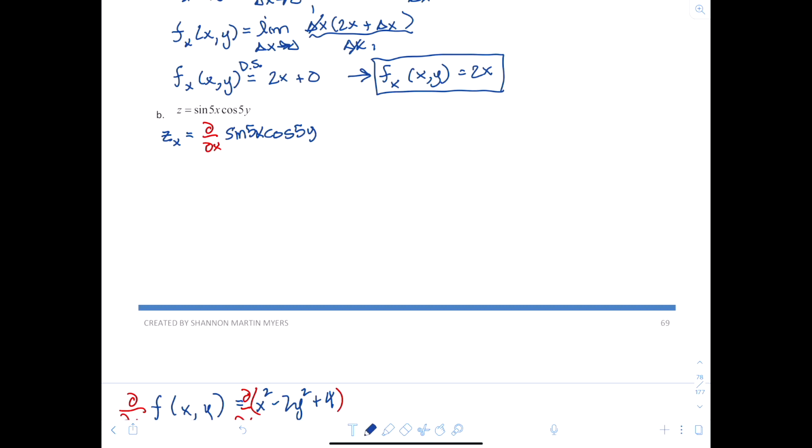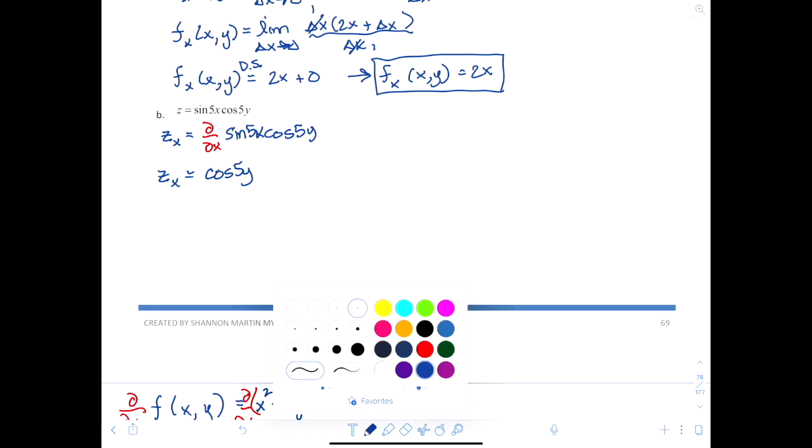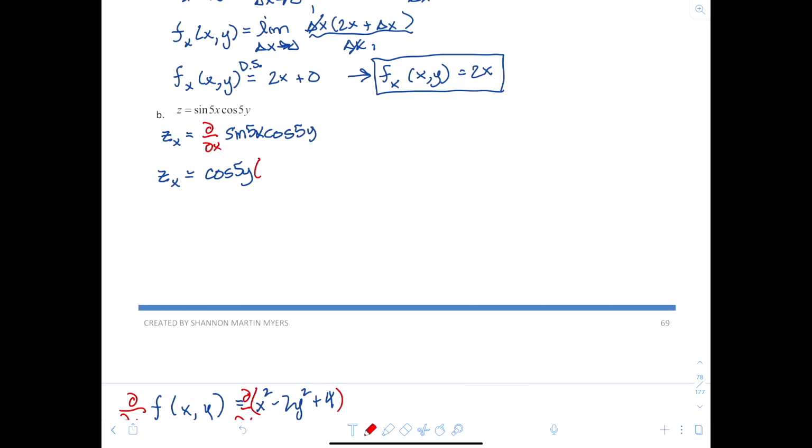Now we treat the cosine of 5y term as a constant, so zx will be cosine of 5y, I'm just treating that as a constant, and then when I differentiate with respect to x sine of 5x, what will I get? Beautiful. I will have 5 times cosine of 5x using the chain rule.